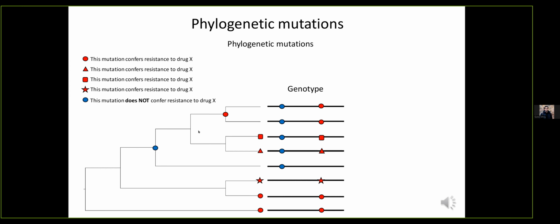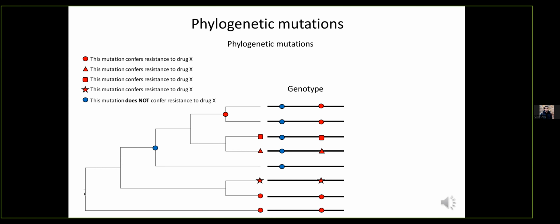Of course, you could imagine that this blue mutation happened here, here, here, here, and here independently, so these 5 bacteria acquired it independently, but this is far less likely. So the simplest explanation is that, because all of them have this blue mutation, the ancestor of all these 5 had it.